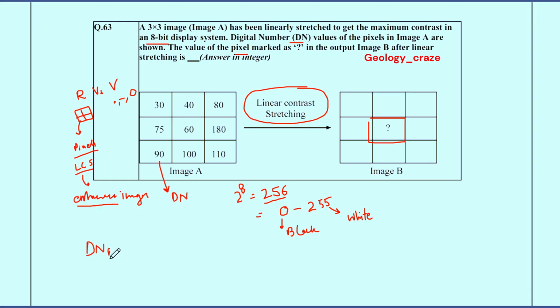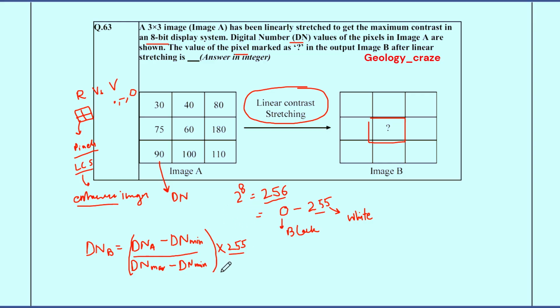DN value of B is equal to DN value of A minus DN value minimum, divided by DN value max minus DN value minimum, into 255, because this is the 255 value for 8-bit.